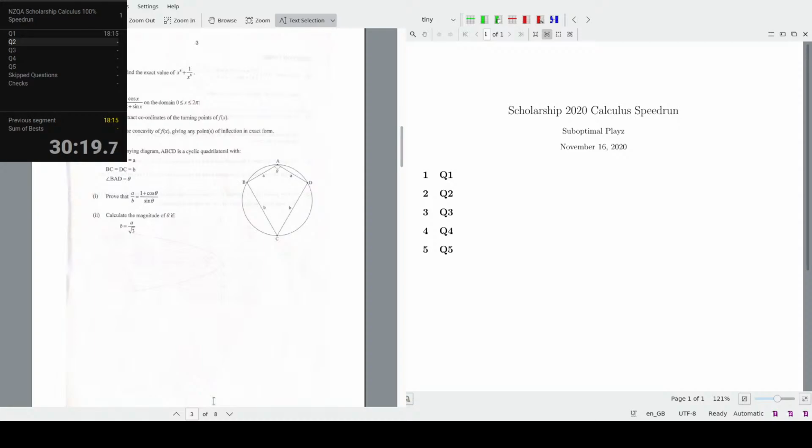That's weird. Why does it evaluate like that? Okay, whatever. So the minimum is at 7 pi on 6, negative root 3 on 3, and the maximum is at 11 pi on 6, root 3 on 3. Alright, that's good.